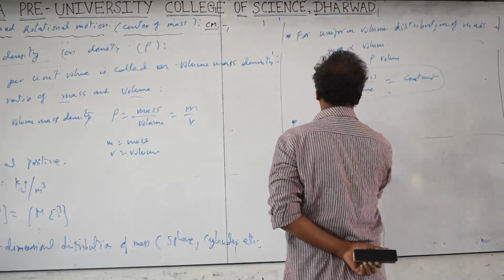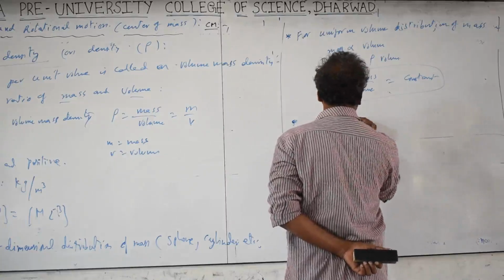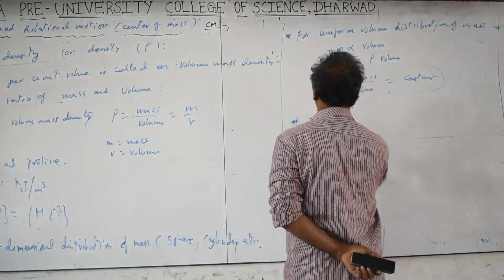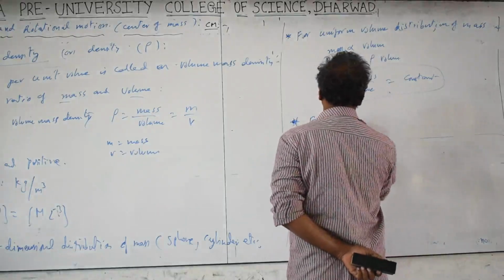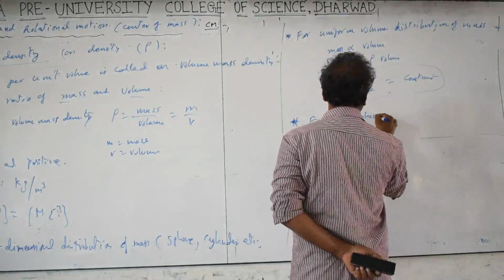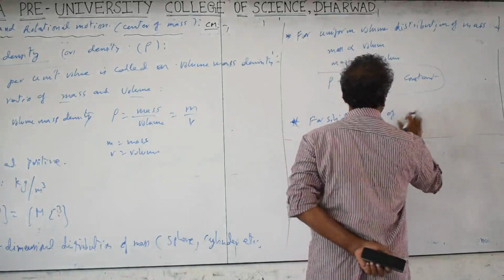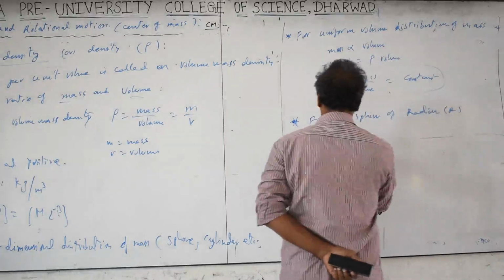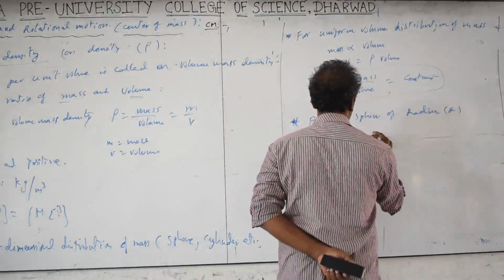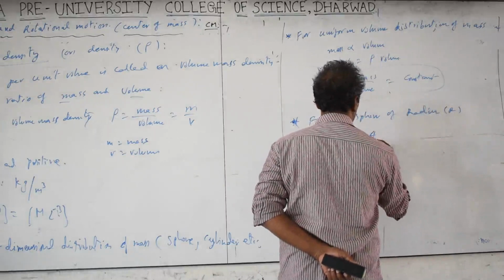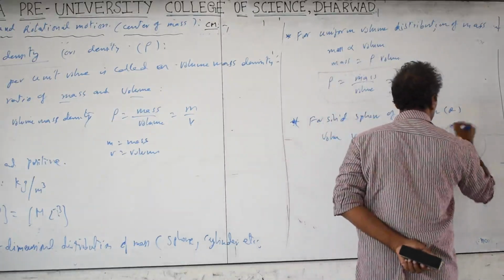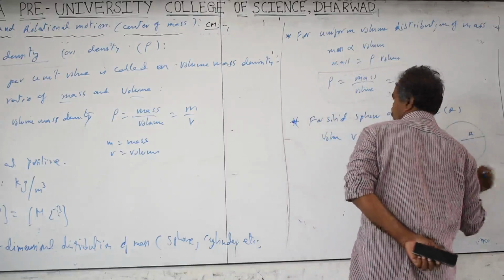Next is for sphere, solid sphere I am taking here. For a solid sphere of radius r, volume v equal to 4 by 3 pi r cube. So if you are taking the sphere of radius r, its volume is 4 by 3 pi r cube.